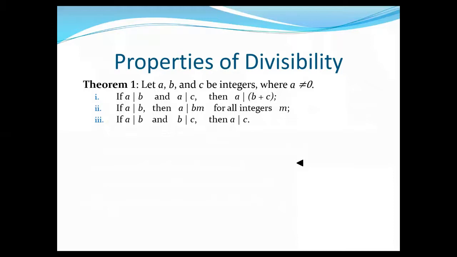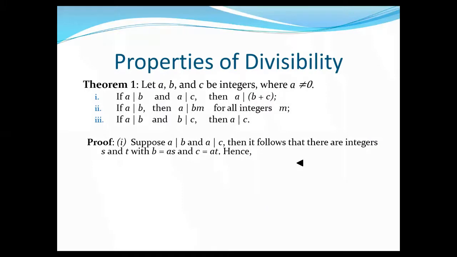Just to prove that form 1 is correct, let's have this. Suppose A divides B and A divides C. Based on the division definition, there is a value that when we multiply it to our divisor, it will yield our dividend.